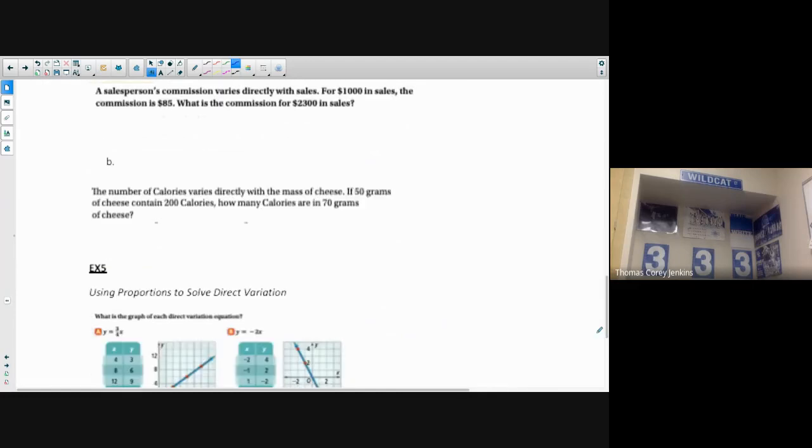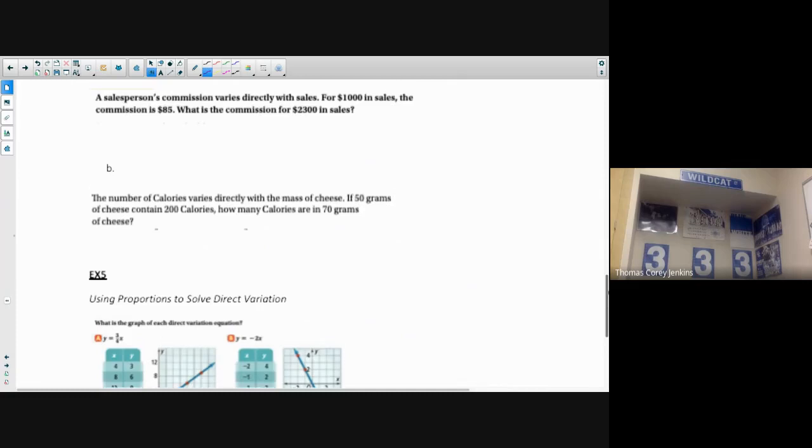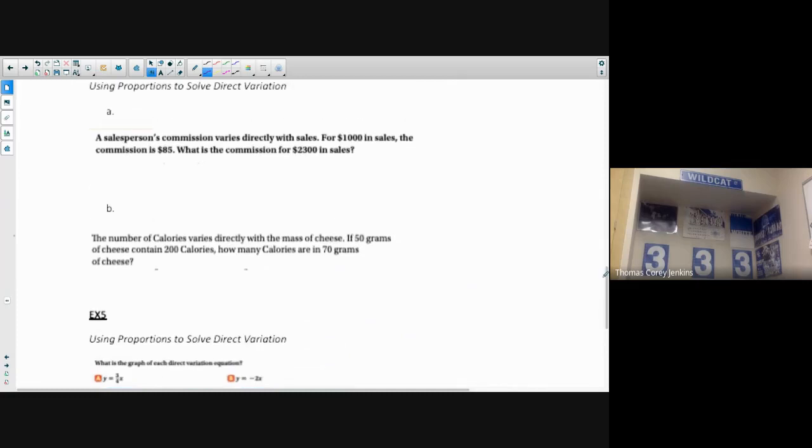And then example 4, just a word problem, but it's going to be very similar to what we just did. It says the salesperson's commission varies directly with his sales. For 1,000 in sales, the commission is 85. So going back to last lesson, which one was my input X, which one was my output Y? In this case, your commission depends on your sales.